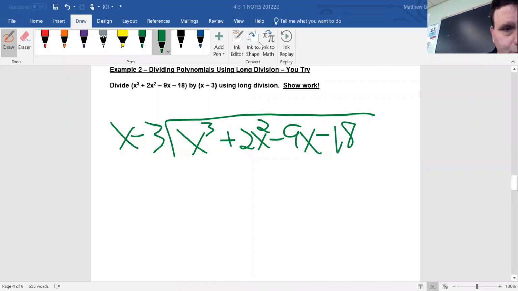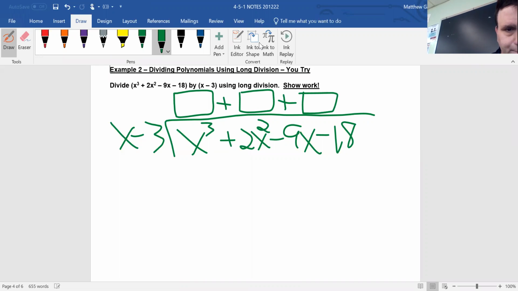Okay, going through example 2. We want to approach these the same way every single time. So we start with the first term in your dividend, and you divide it by the first term in your divisor. x cubed divided by x is x squared, and that's what goes up here.